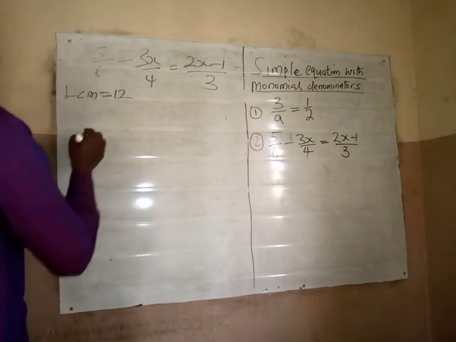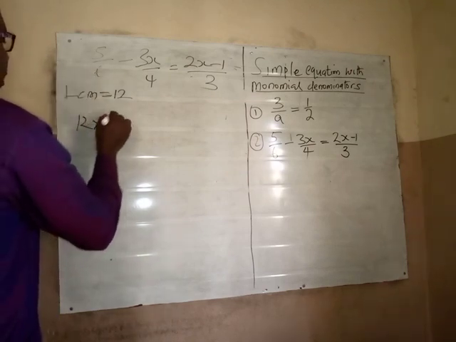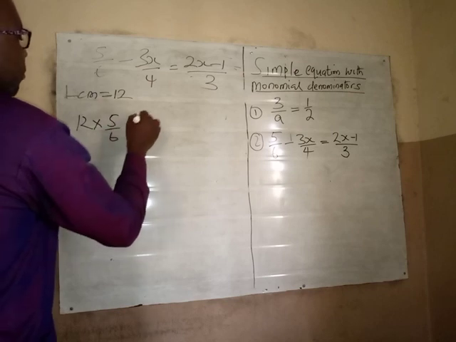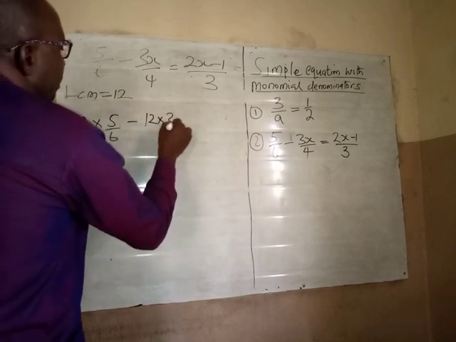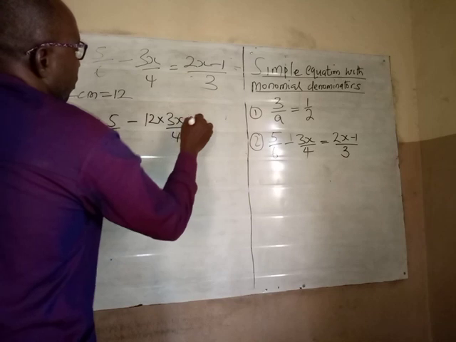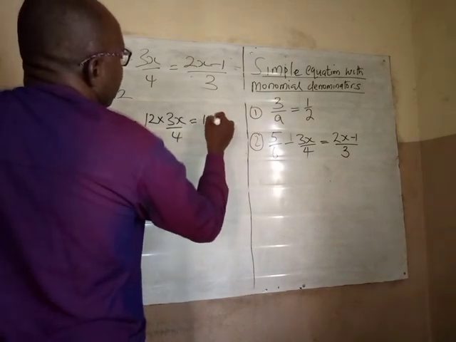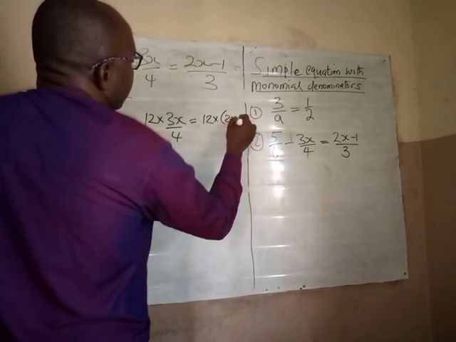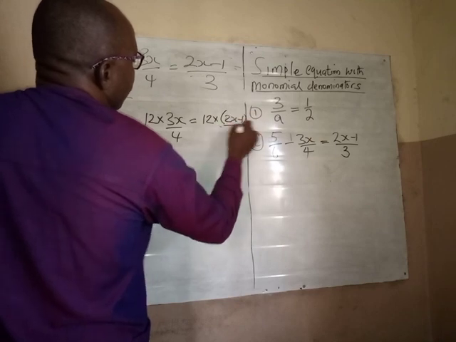So what we now have is 12 times 5 over 6 minus 12 times 3x over 4 equals 12 times 2x minus 1 over 3.